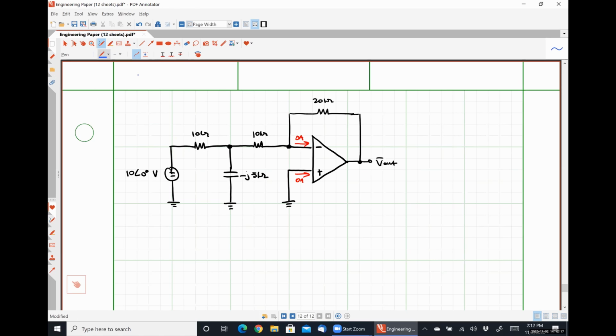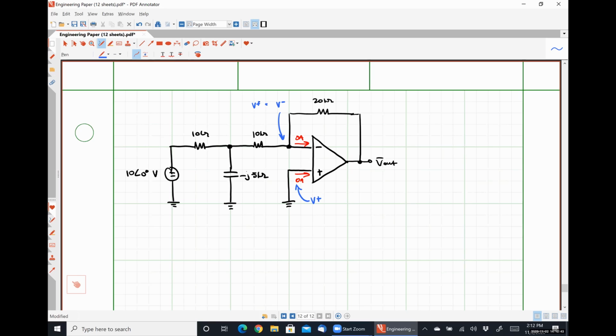And then we apply op-amp rule number 2, which says that whatever voltage we have at our non-inverting input terminal, which we can obviously figure out here, is going to be 0, is equal to the voltage present at the inverting input terminal. Our next step is to determine what V plus is, which in this case is 0.